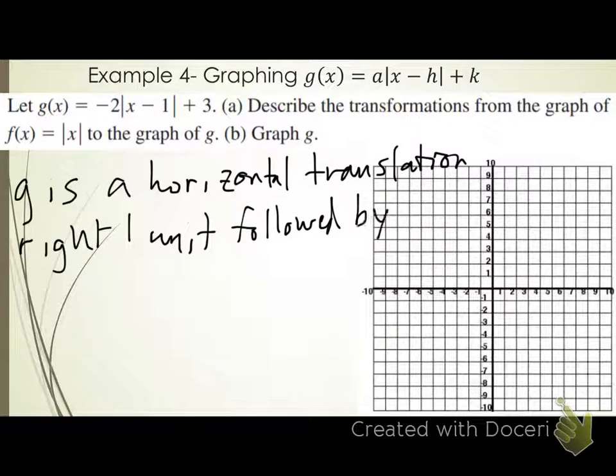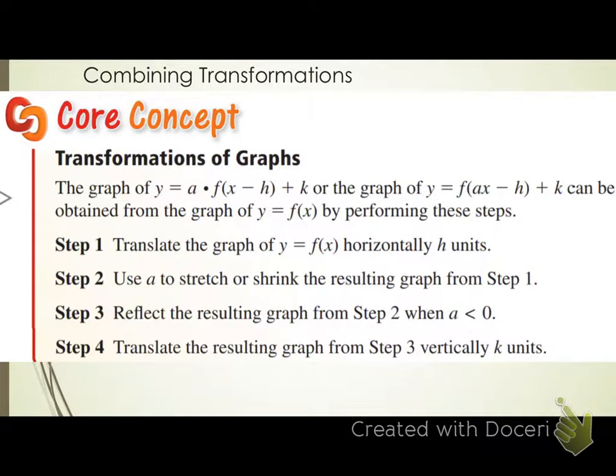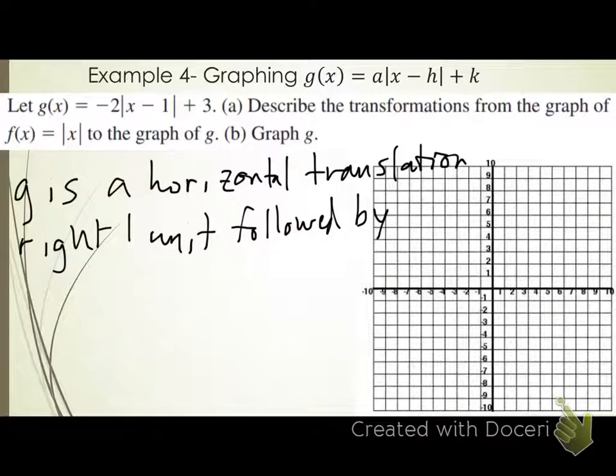followed by, what's next? Use a to stretch or shrink the resulting graph. So am I going to have a stretch or shrink here? We're talking about 2 here. That's on the outside of my grouping symbols. So is that a vertical stretch or shrink or a horizontal stretch or shrink?